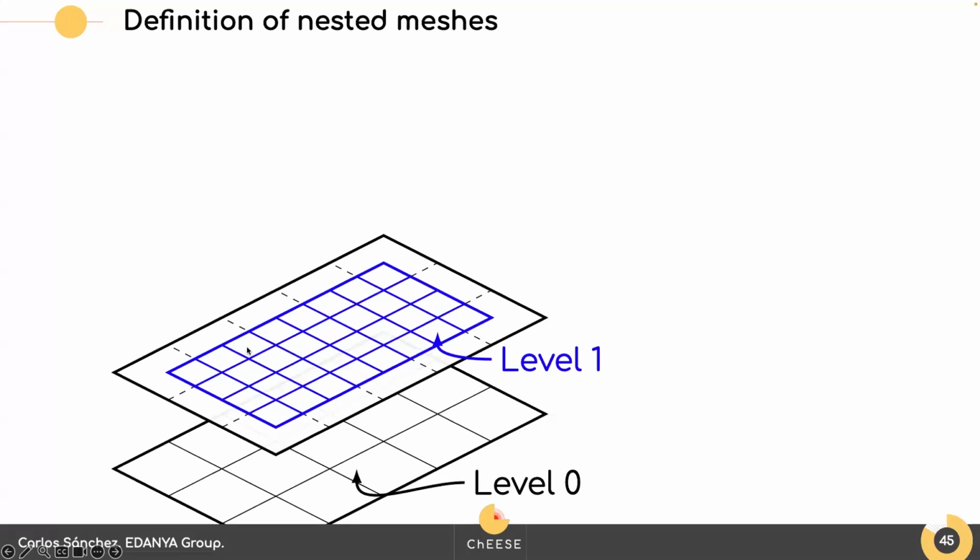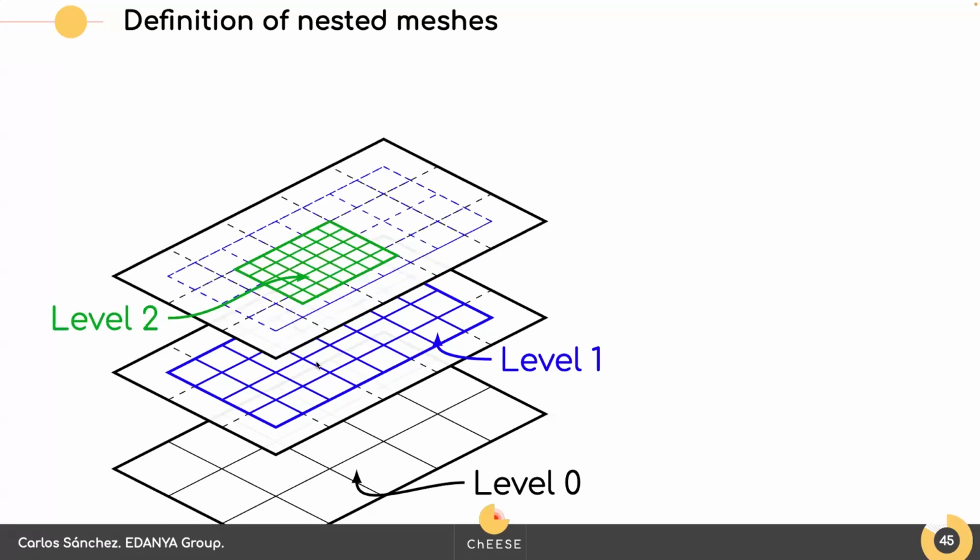We refine our cells. We obtain new points in the center of these subcells, and here we interpolate our finer data in order to have the better resolution data, but now nested on our previous level. Okay, and so on.